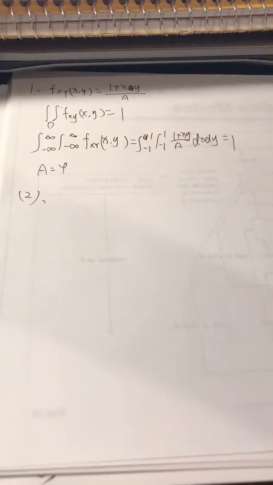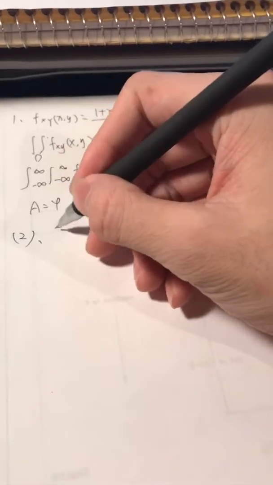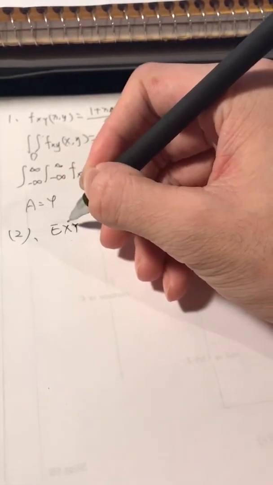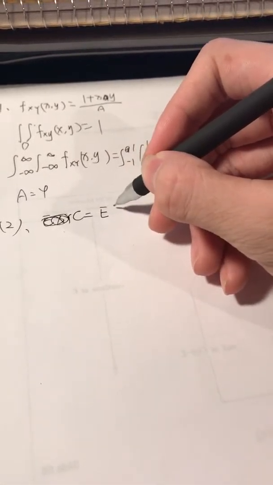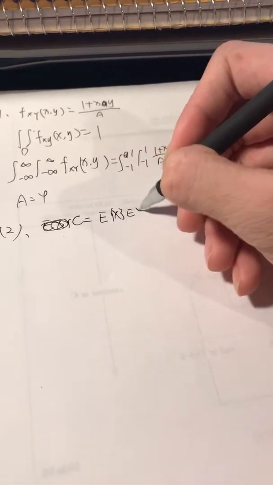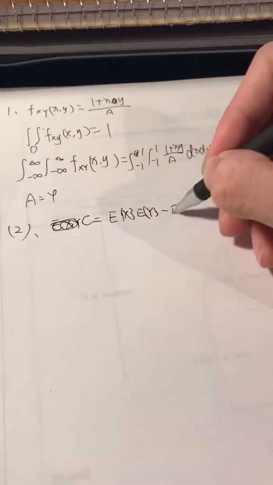Question 2. Are X and Y uncorrelated? Show your answer. We know the covariance c is equal to E[XY] minus E[X]E[Y].